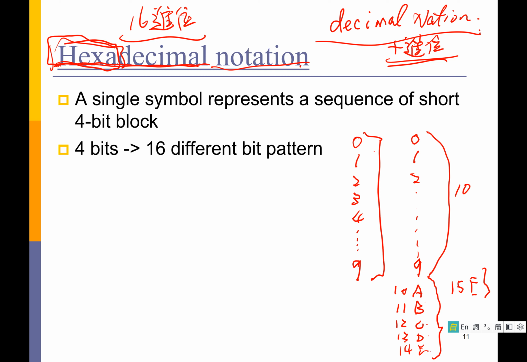Okay? Now, in order to represent the hexadecimal notation, this 16 digits or 16 symbols from 0 to F, totally we have 16. Now, a bit can be 0 or 1.